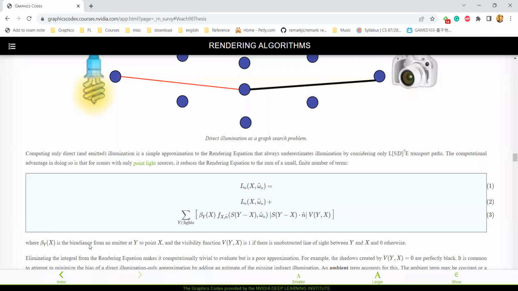Where beta is the biradiance from the emitter at Y to point X. We need to use this biradiance because we can't use radiance for a point light.